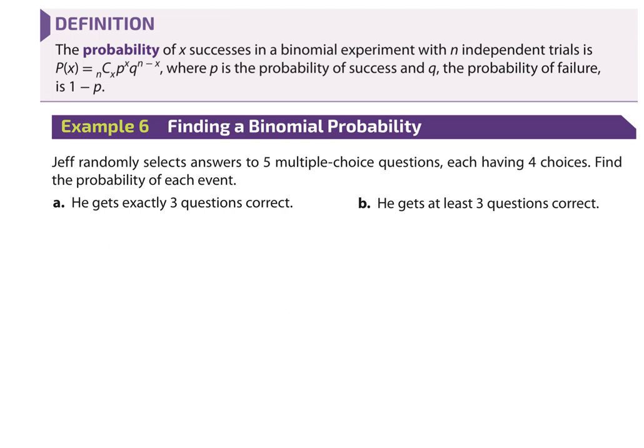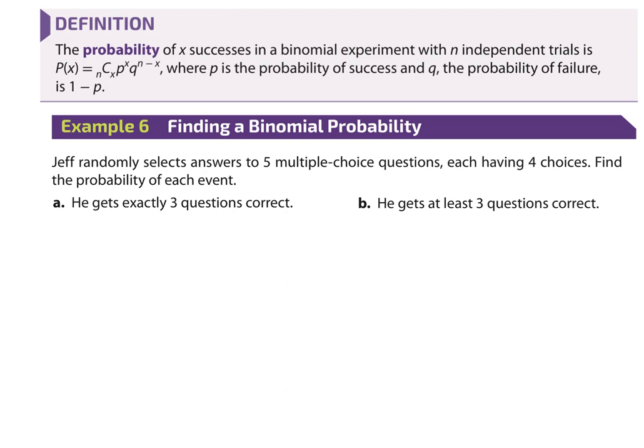P is successes here. And then q, they're always going to add up to my total. So that's why it's n minus k. My number of failures, so to speak, q, is going to be what's left over between the number of attempts and how many successes I had, which makes sense, right?